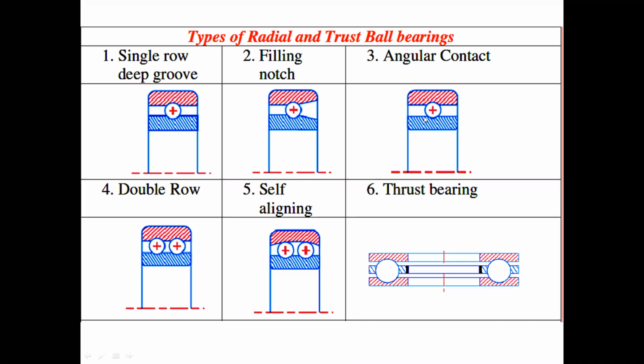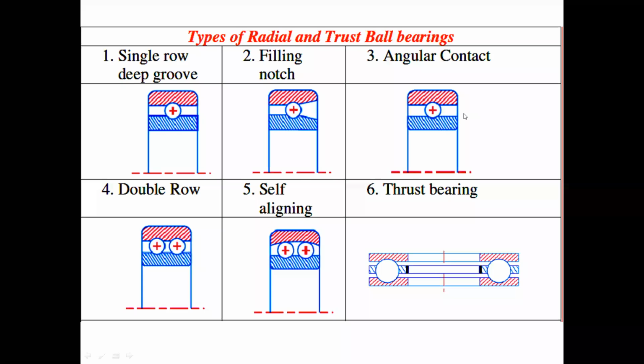The third one is the angular contact bearing. So what is meant by angular contact? Here the outer race and inner race have somewhat lesser and greater diameter. You can see here there is a gap, and this gap and this gap have an offset.